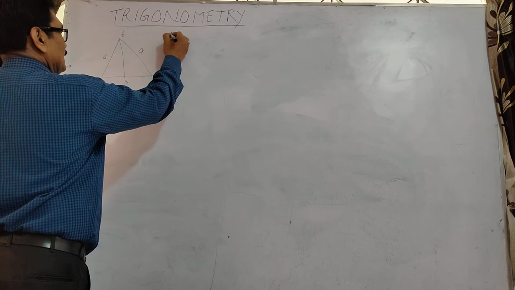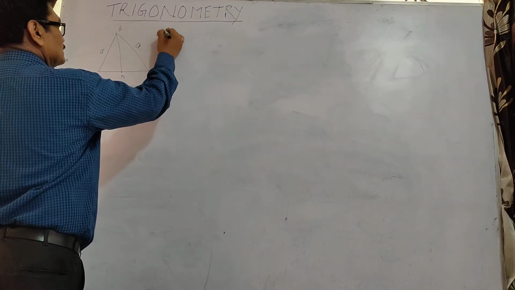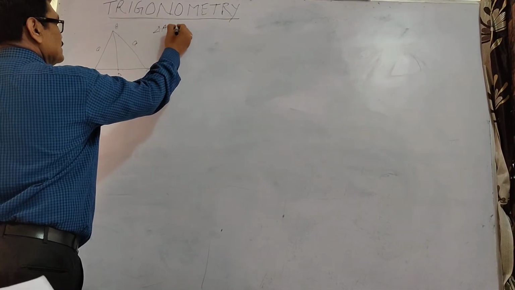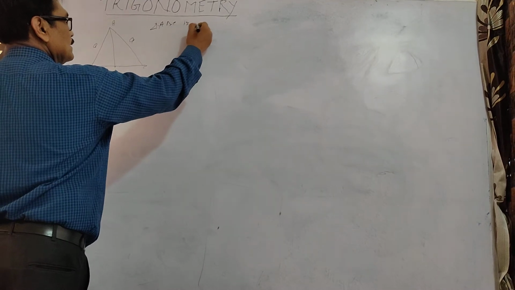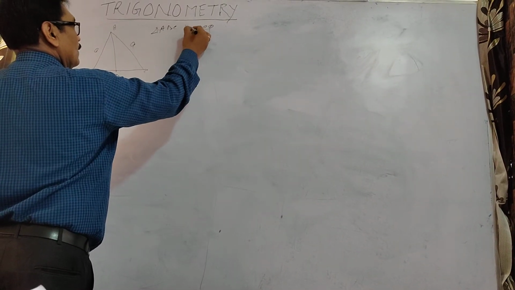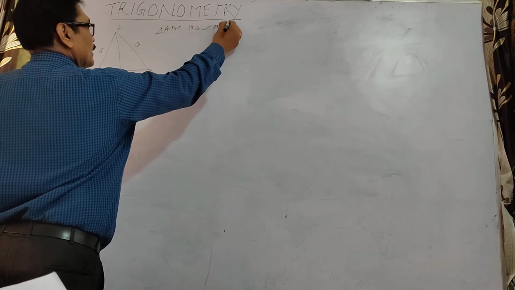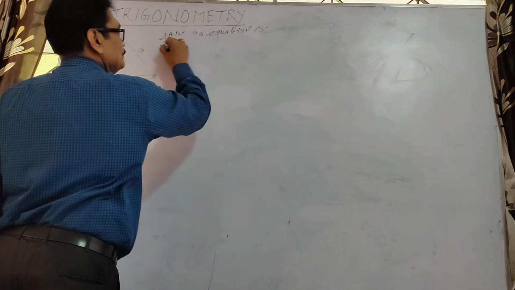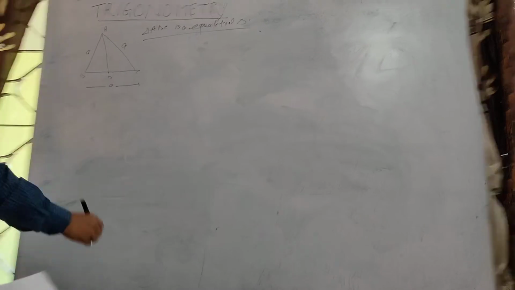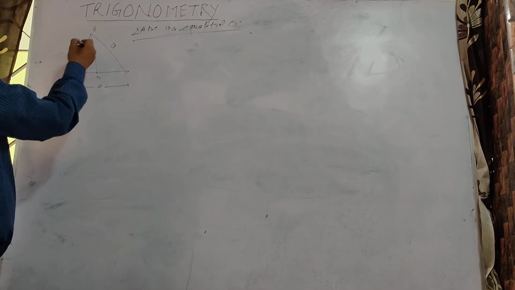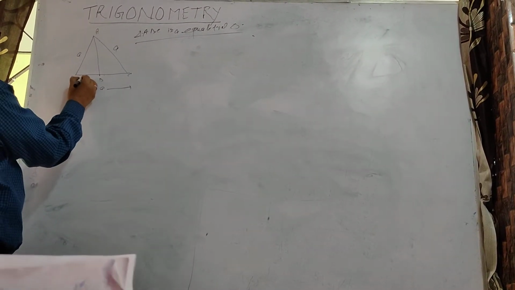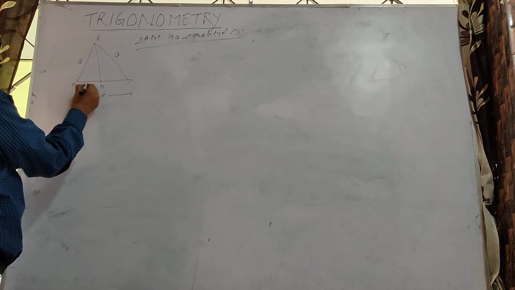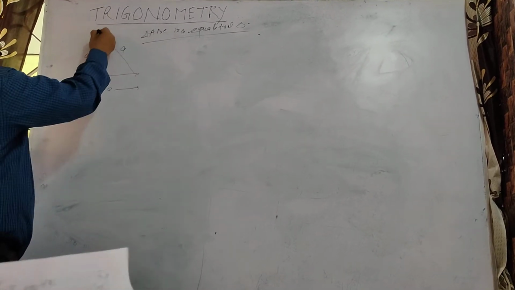Here triangle ABC is an equilateral triangle. So if this side is A, this one is half A, or this is A.